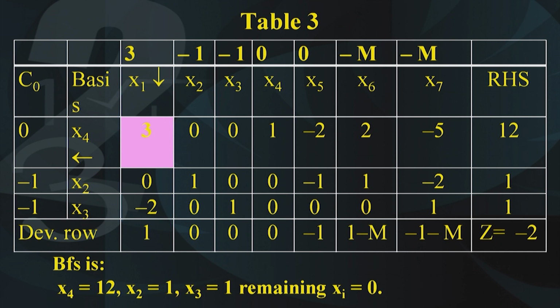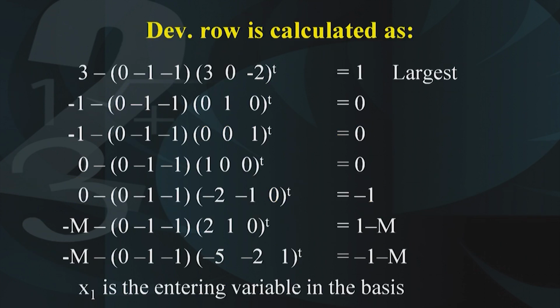So, as before we will calculate the deviations. What are the deviations? 3 minus 0 minus 1 minus 1 multiplied by 3 0 minus 2, which comes to be 1. Second one is -1 minus 0 minus 1 minus 1 multiplied by 0 1 0, which comes out to be 0.